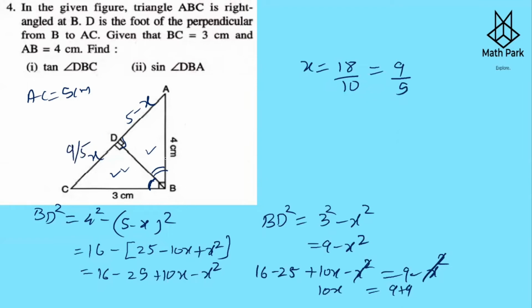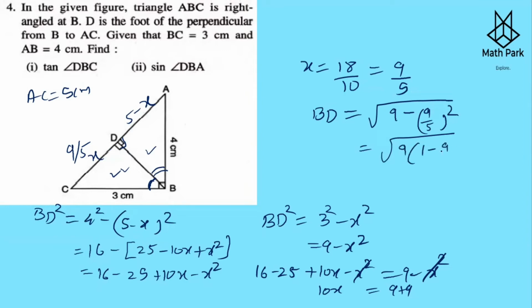Now we will be finding BD. So BD square is 9 minus x square. So it is square root of 9 minus 9 upon 5 the whole square. If I take 9 common here, I get 1 minus 9 upon 25, since 9 9s are 81 and 5 square is 25.